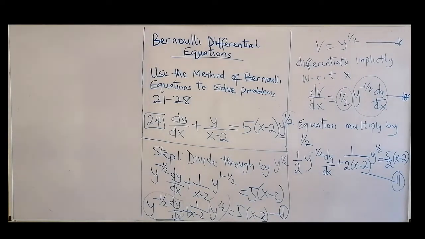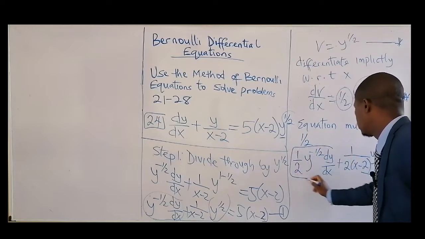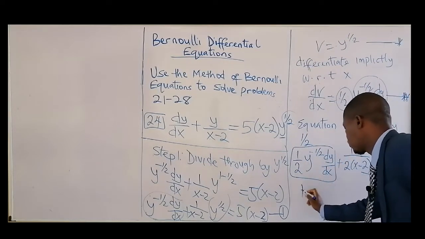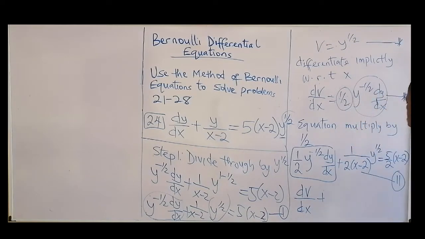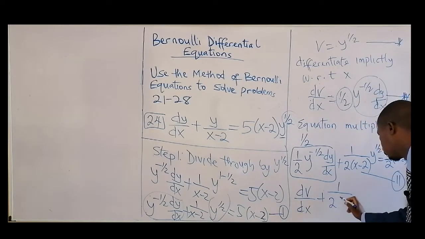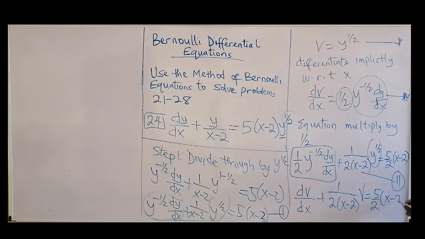Now plug in your star 1, star 2 into equation 2. So equation 2 now becomes this expression, which is dv/dx, plus 1 over 2 into bracket x minus 2, don't forget this one is v, equal to 5 over 2 into bracket x minus 2.